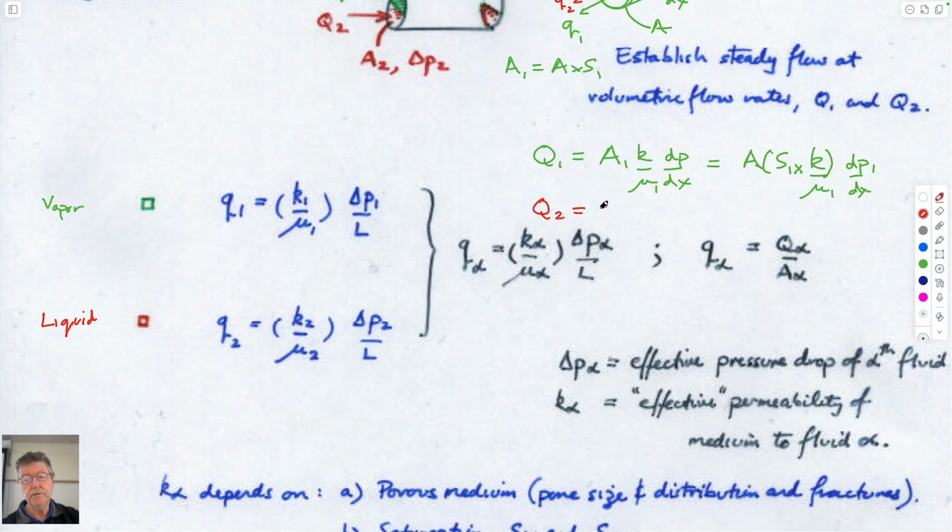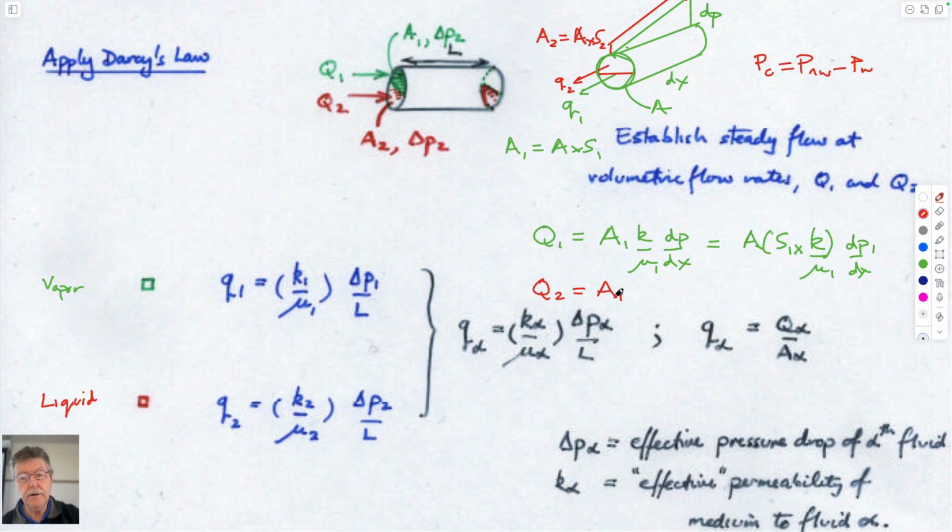It'll be equal to the cross-sectional area of flow, which would be this red area here, which we don't really know, the permeability, viscosity of fluid 2, dP/dx of fluid 2.